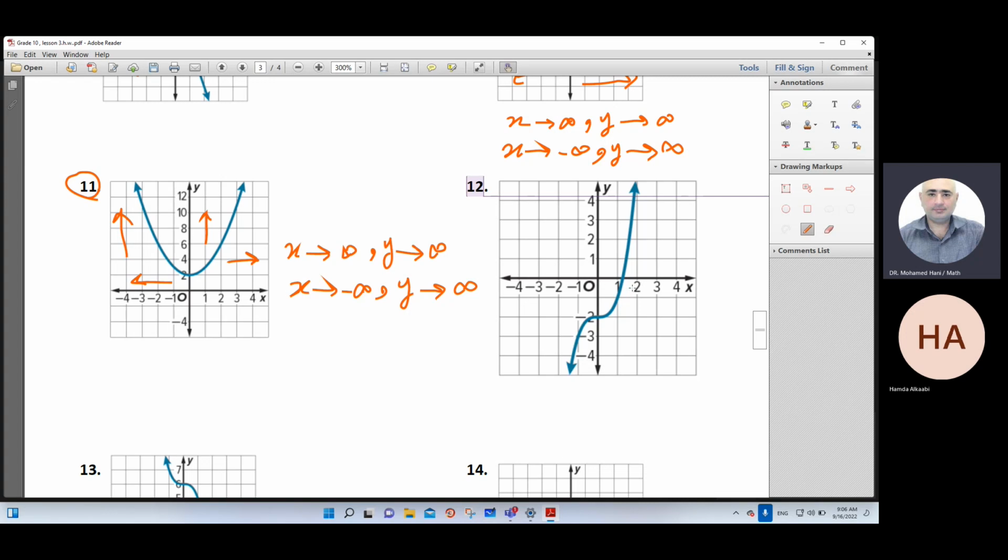Right. Here, when you go right, the value of x will be increased and the value of y will be increased. So x increased and y increased.